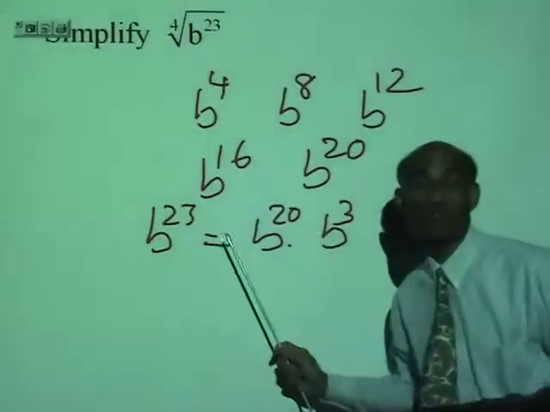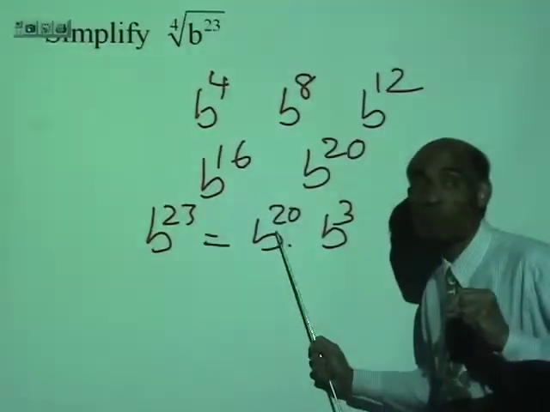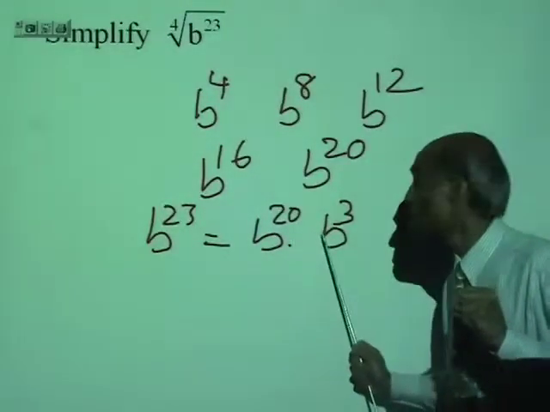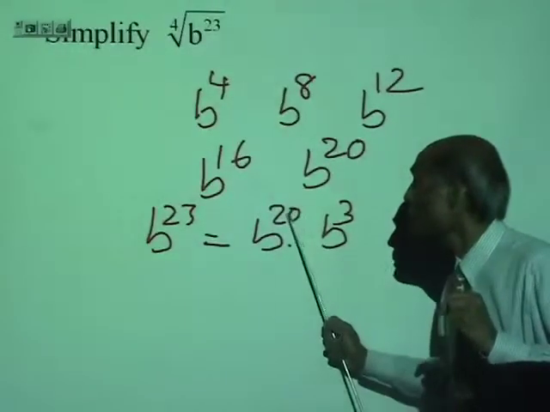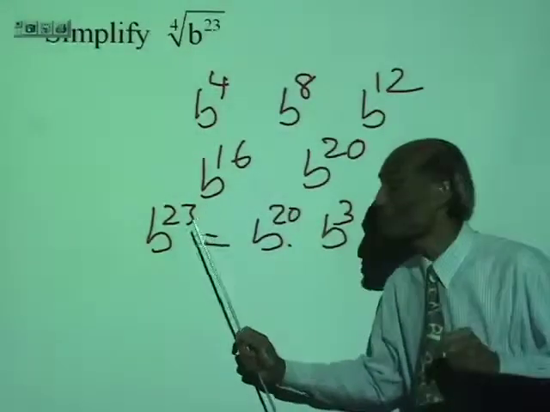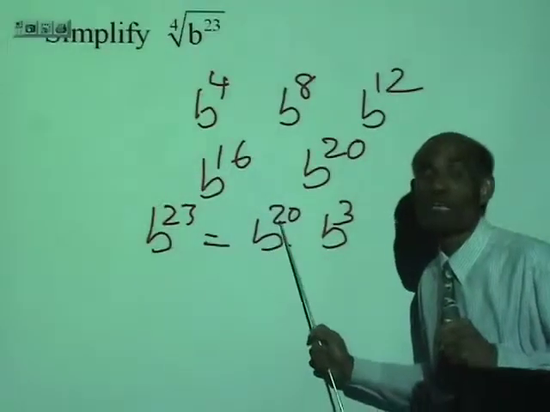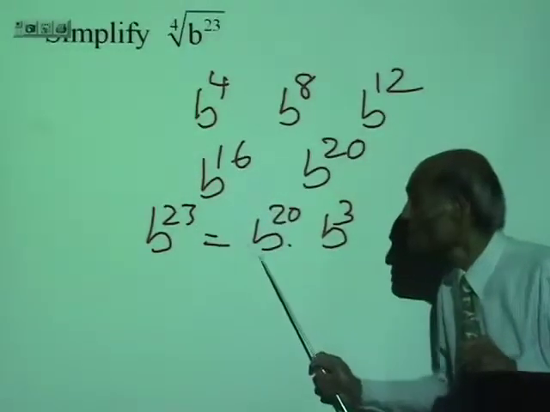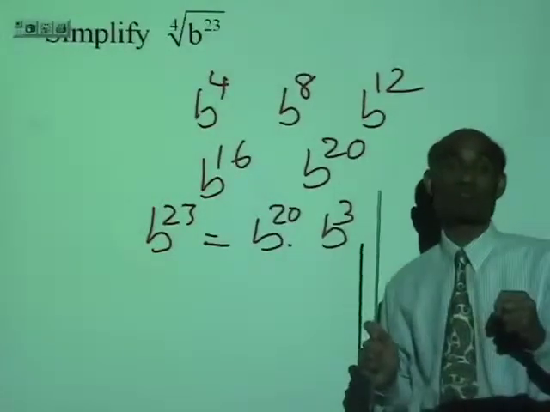If you go back to your old product rule for exponents, what is b to the power of 20 times b to the power of 3? It is b to the power of 20 plus 3 is 23. You see? So b to the power of 23 can be written as b to the power of 20, a perfect 4th power, times b to the power of 3.